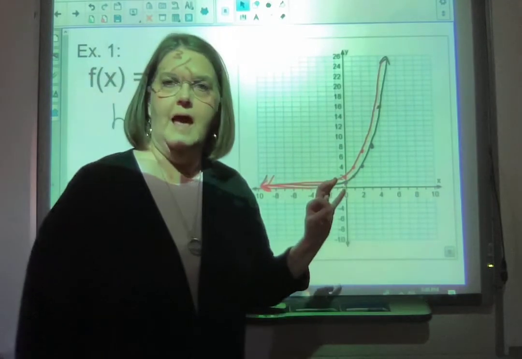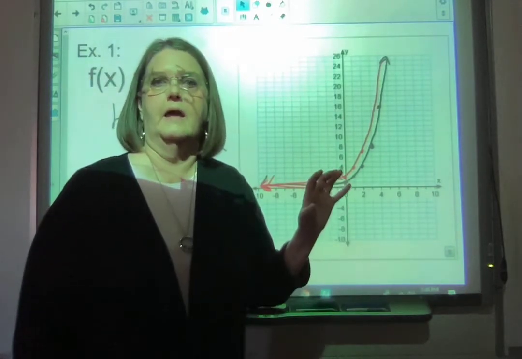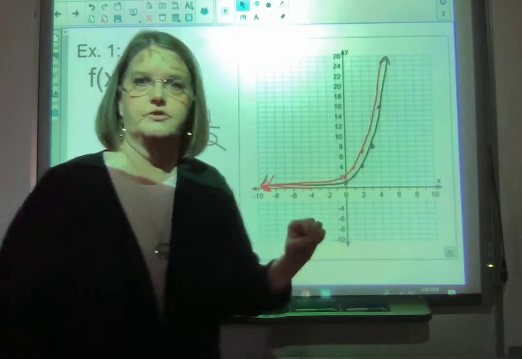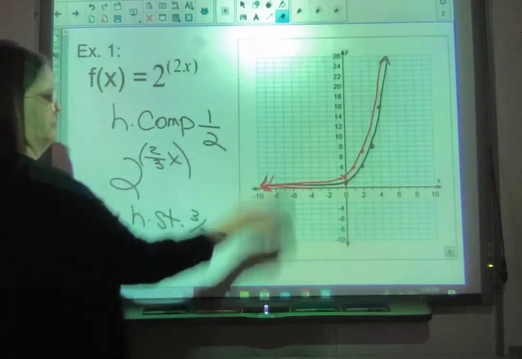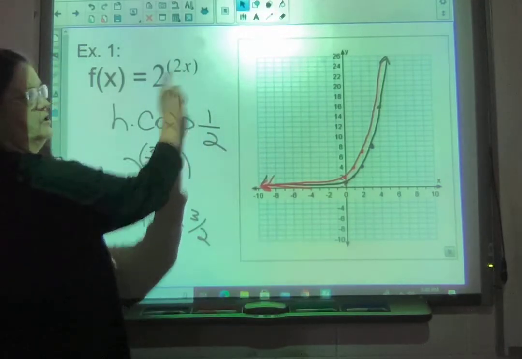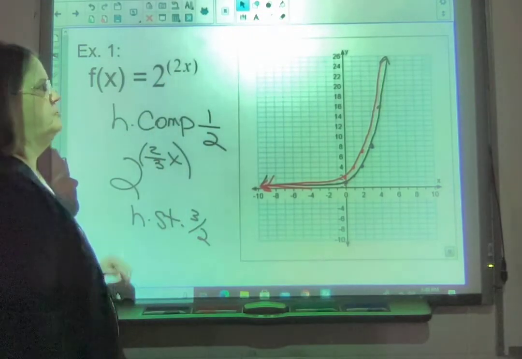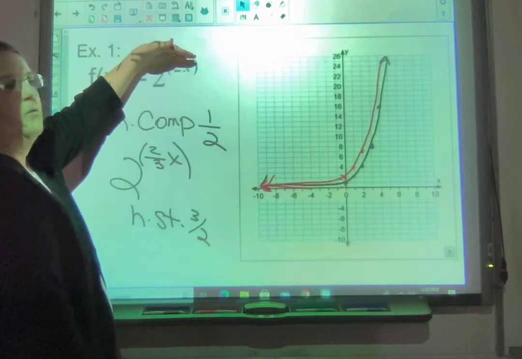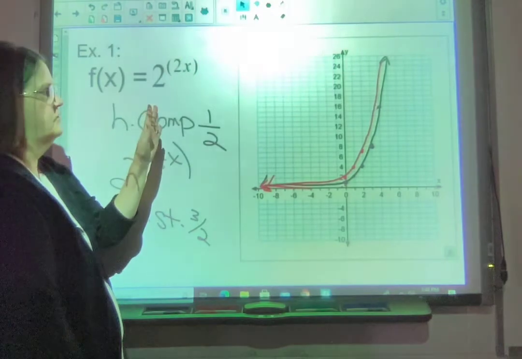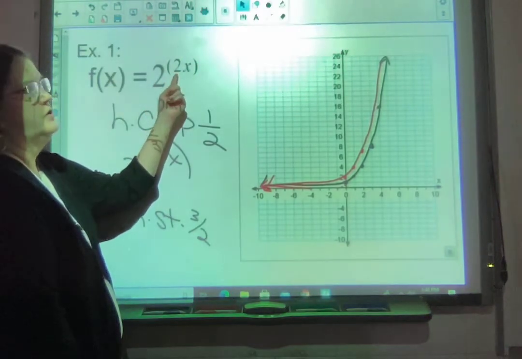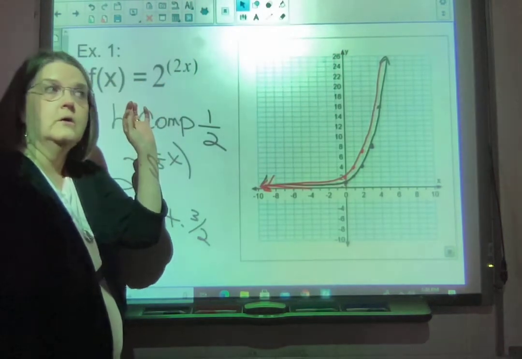The same thing happens with a horizontal compression and stretch. So you'll see it and it'll look like this, 2x. And with an exponential function, it will be where the exponent is, or up in the air. Okay, that's horizontal movement. It is not a vertical stretch.